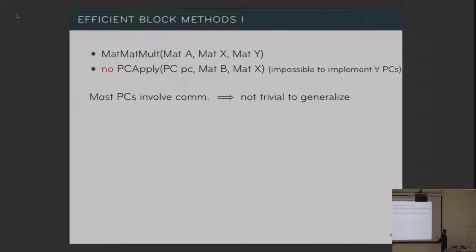And also you need to have a PCApply with matrices instead of a loop over each column of your right-hand side. So unfortunately, it's not possible to implement for all preconditioners in PETSc because most PCs involve communication, and so it's not trivial to generalize a VecScatter with one vector to a VecScatter with multiple vectors and so on.